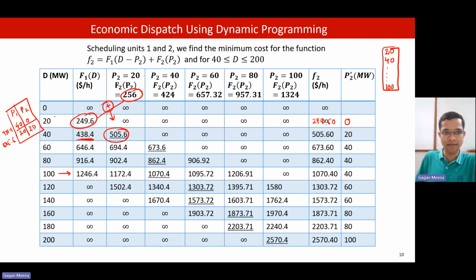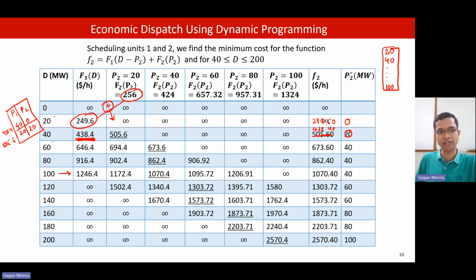Out of these two, we want to find the minimum one. The minimum is where P1 generates everything. This should be 438.40, and P2 is still 0.